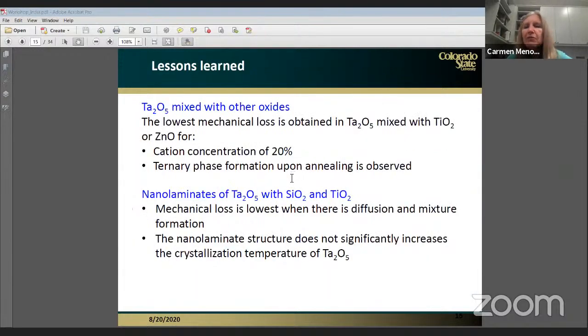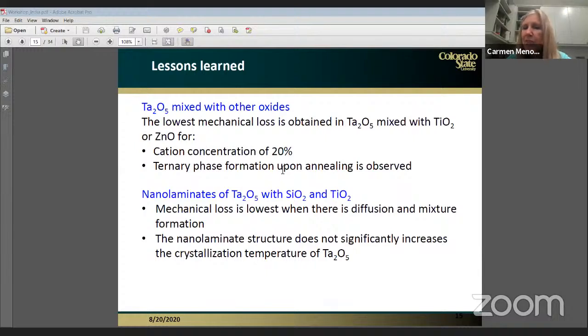So what did we learn from these experiments? Well, we learned that in mixtures, we obtain the lowest mechanical loss in samples with a cation concentration of about 20%, and that whenever we anneal, there is the formation of a ternary phase. This behavior is also observed in nanolaminates.